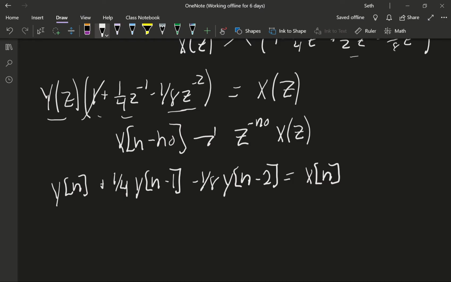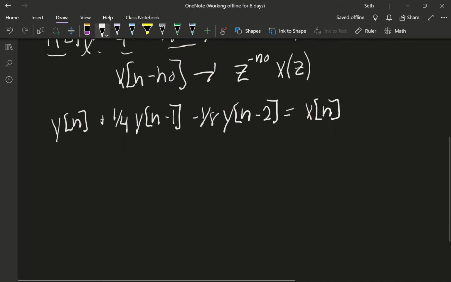This is just the generic z transform, since we don't actually know what it is. So that's part A.